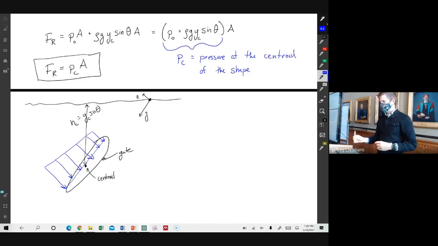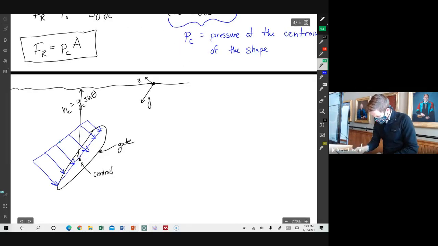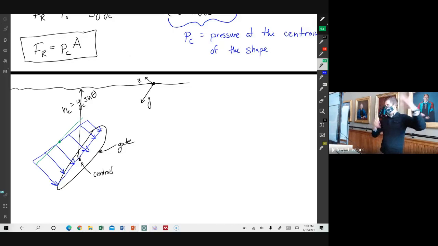So if you wanted to take the average pressure times the area, the amount extra that you get when you go deeper is the amount that you lost because everything is just linear. So all that you're saying is that the pressure at the geometric center is the average pressure. And that works because everything is linear.